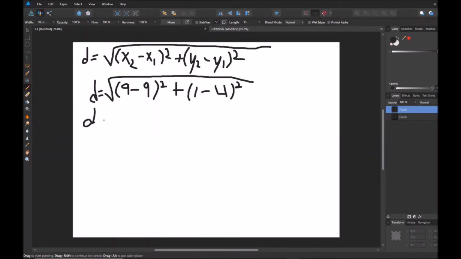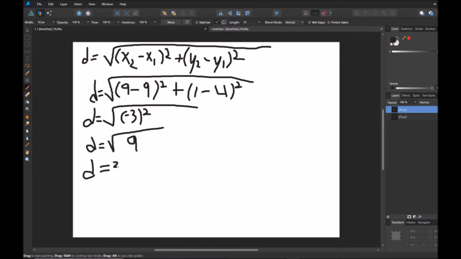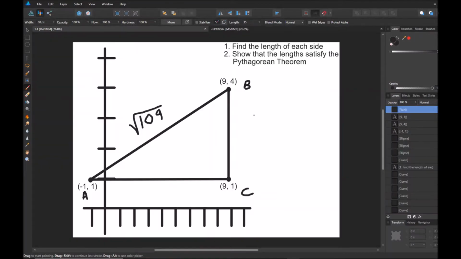Then 9 minus 9 is 0, and 0 squared is 0, so I'm not going to bother writing that down because it's not going to affect our answer. 1 minus 4 is negative 3, so this will be negative 3 squared, which is 9. So we have the square root of 9 here, and the square root of 9 is just 3. So this is going to be 3 units.